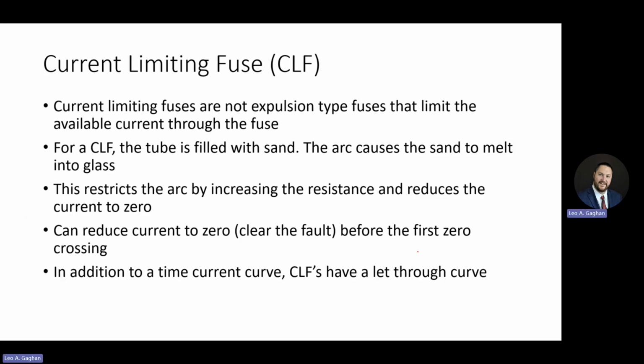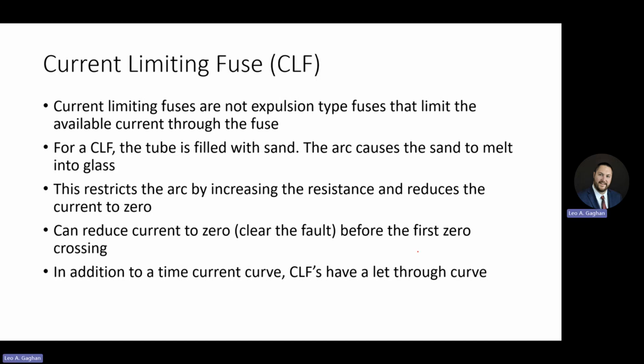A current limiting fuse is a little bit different than an expulsion fuse. They're actually able to limit the available fault current through the fuse fairly quickly. Or not instantaneously, but fairly quickly. For a current limiting fuse, the tube is filled with sand, and the arc causes the sand to melt into glass.